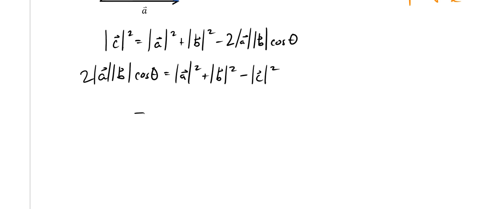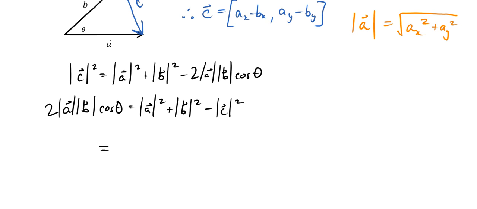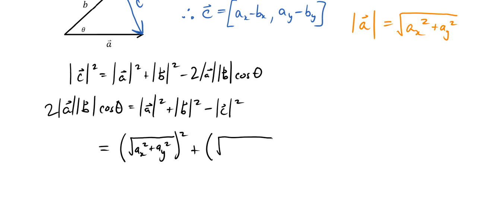So this is equal to the magnitude of a, which we just wrote down in orange over there, squared. So the square root of the x value of a squared plus the y value of a squared, all squared. That's nice, right? What happened there? Yeah, the square root and the square are going to cancel. And same thing's going to happen here. So what does this one look like?